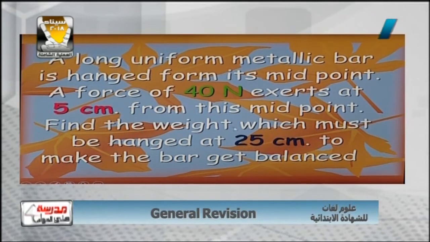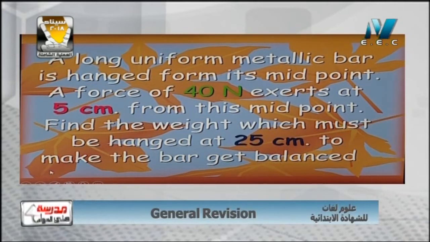Find the weight, يبقى أنا عايز resistance on the other side in Newton, which must be hanged at 25 centimeters to make the bar balance. So we have 40 times 5 and on the other side we have R times 25.